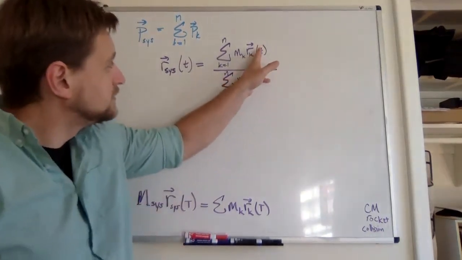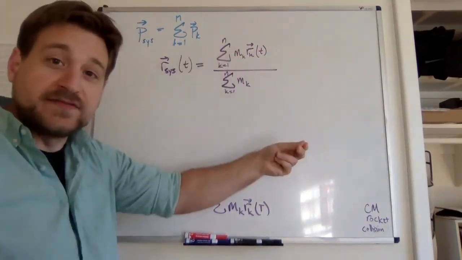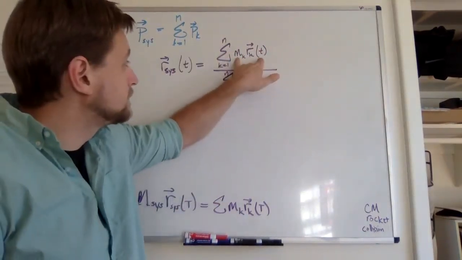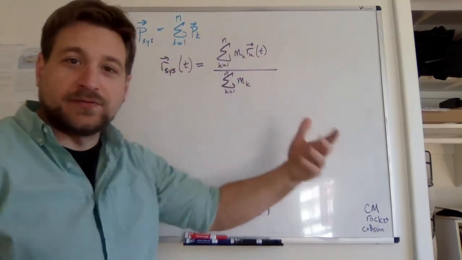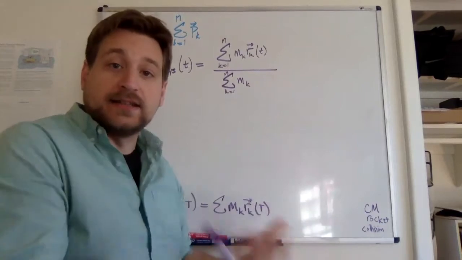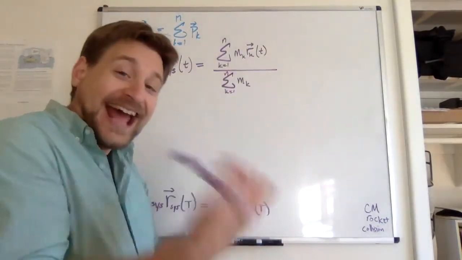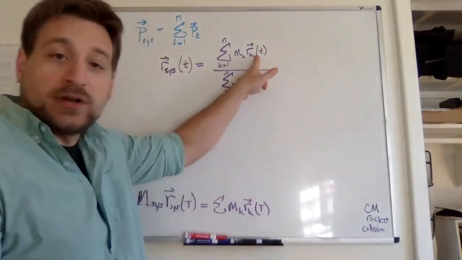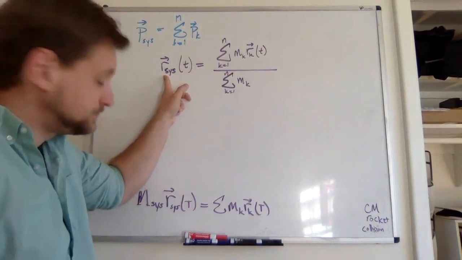Each position, we multiply by how much mass lives at that position, and then we divide the sum by the total amount of weighting in the average, the total mass that we have present on average. At what position is it? The position of the system.